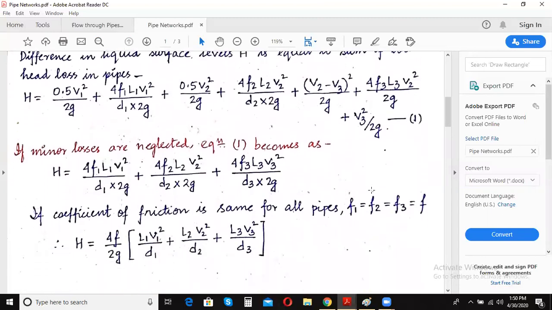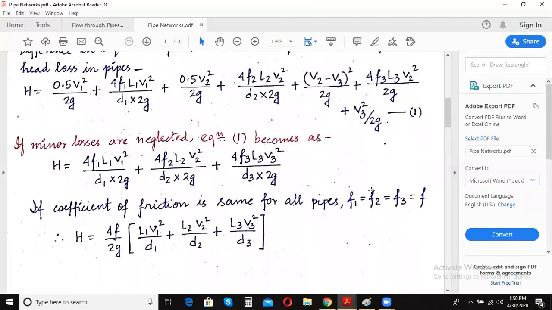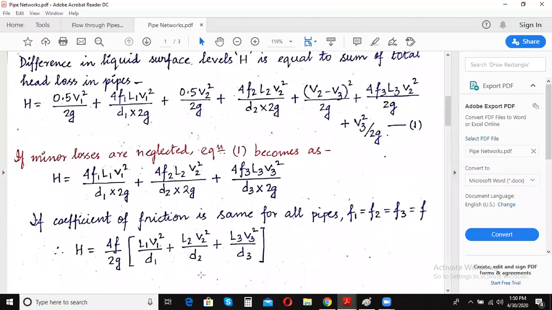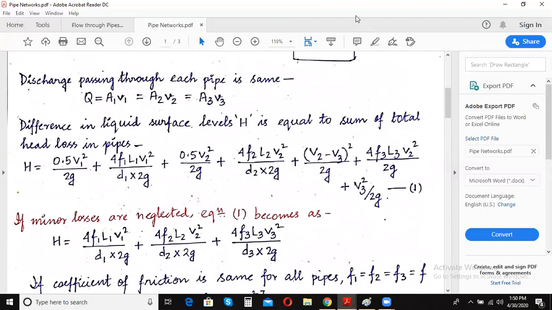Before moving on to a problem, I will just tell you how to calculate the total head loss by ignoring the minor energy losses. See, if you ignore the minor energy losses, this is minor energy loss, this is minor energy loss, this is again minor energy loss, and this is minor energy loss.